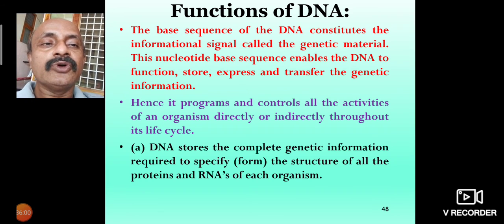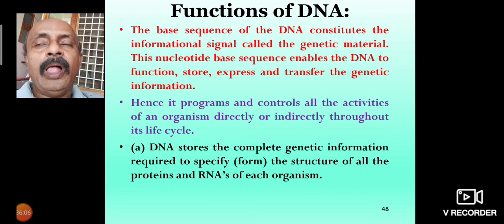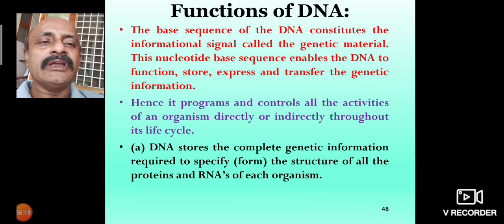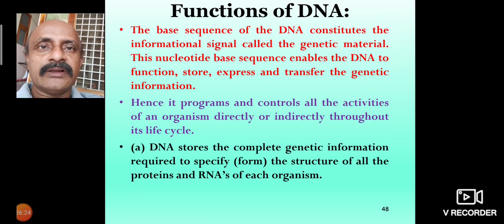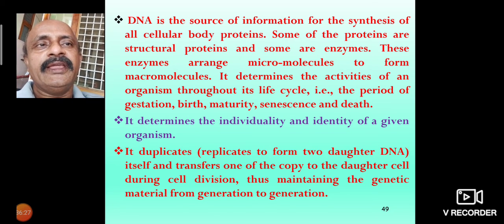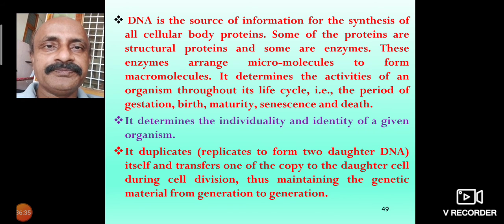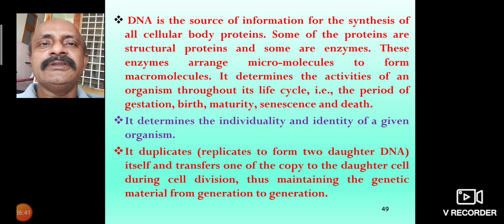DNA stores the complete genetic information required for a specific form. The nuclear genome, chloroplast genome, and mitochondrial genome store genetic information about the structure of all the proteins and RNAs of each organism. DNA is the source of information for the synthesis of cellular proteins, some of which are structural proteins and some enzymes.